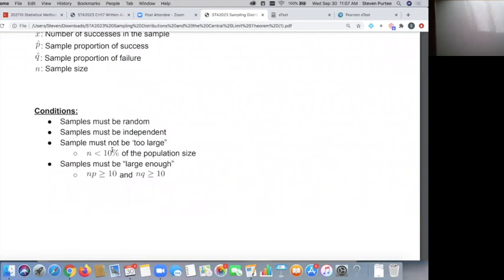N should be less than 10% of the population size, or the math just doesn't work out. But they need to be big enough. You need to expect 10 successes and 10 failures in each sample. N times P should be bigger than 10, and N times Q should be bigger than 10.